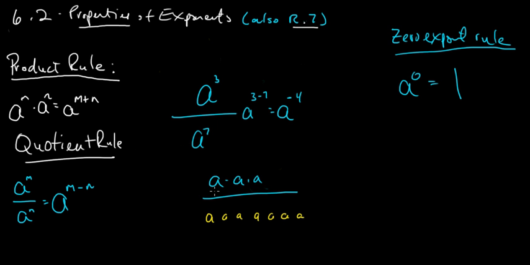When I have a negative exponent here, I have 4 a's, but they are now in the denominator. I'm multiplying a by itself 4 times, but they are now in the denominator. So this is equivalent to saying 1 over a to the 4th. Whenever you have a negative exponent, you take the reciprocal of it, and then you make the exponent positive.